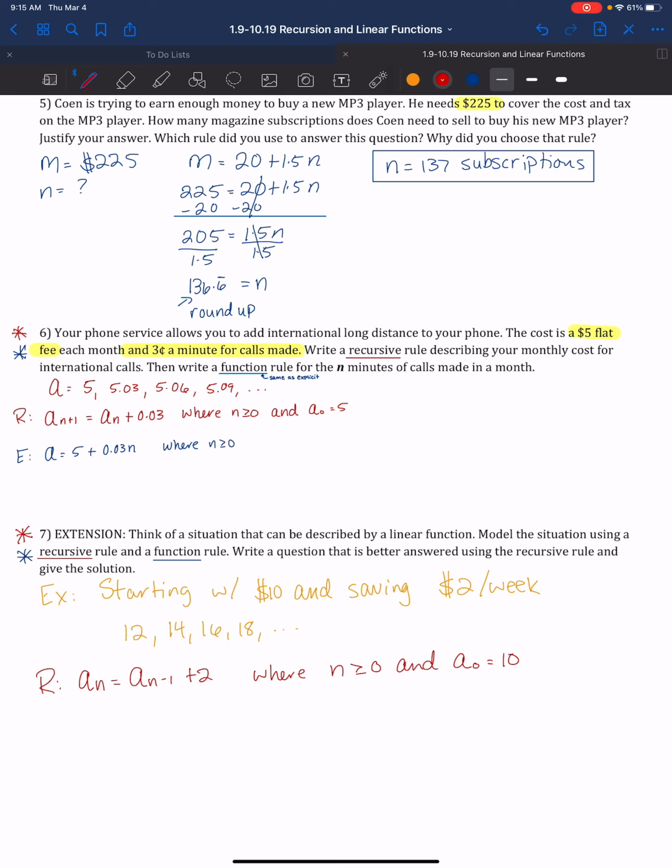So our current term is equal to the previous term plus $2. Then our explicit rule, we're going to have A sub n is equal to $10, which is our starting amount, plus $2 every week, n, where n is greater than or equal to 0.